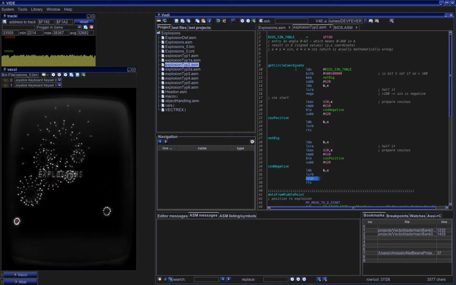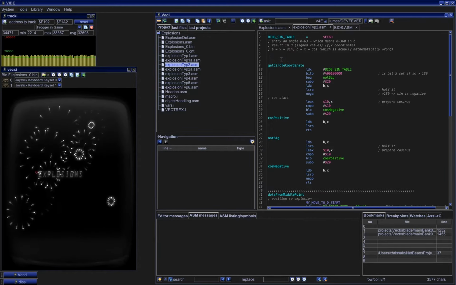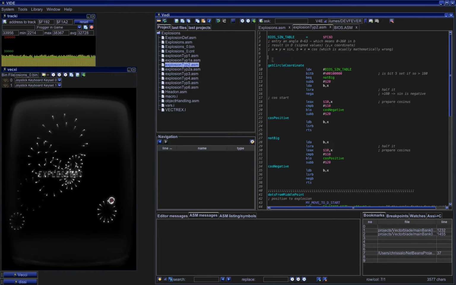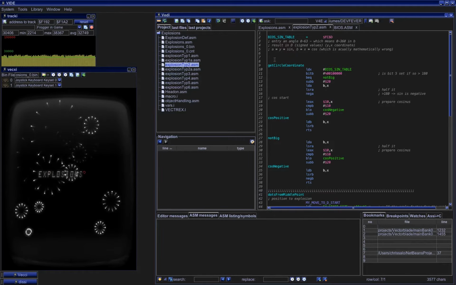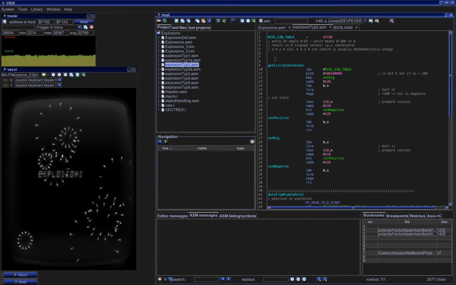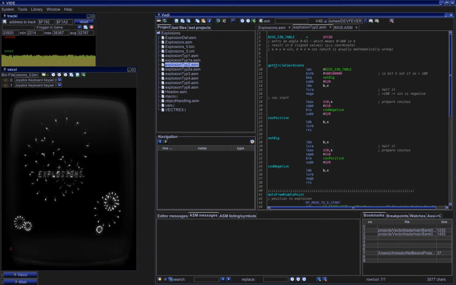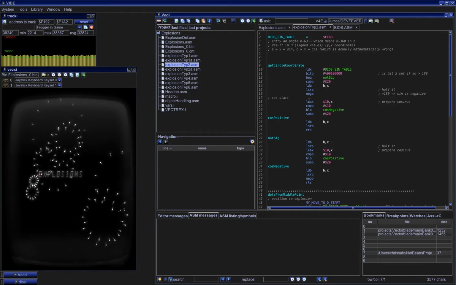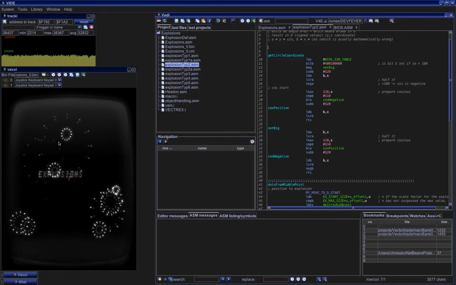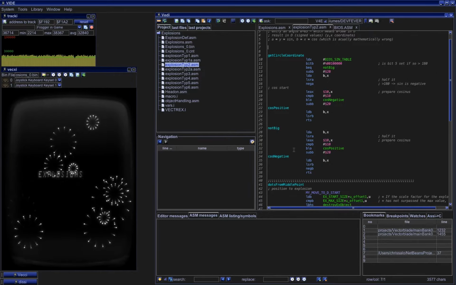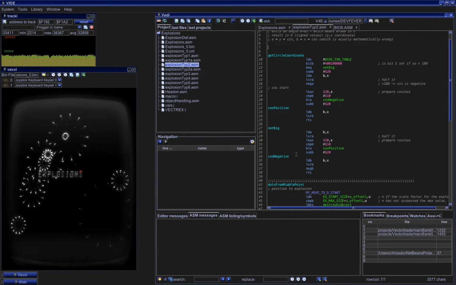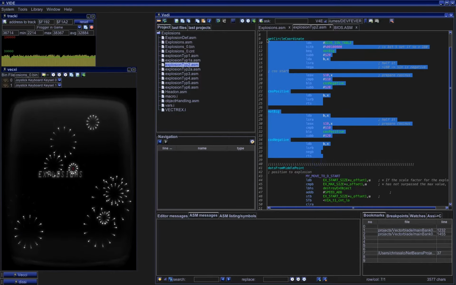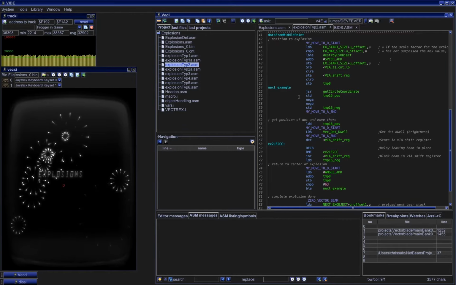What you do is load register B with an angle from 0 to 63, and what you get back in register D are the sine and cosine values of the representing angle, and with this you can easily draw these explosions.